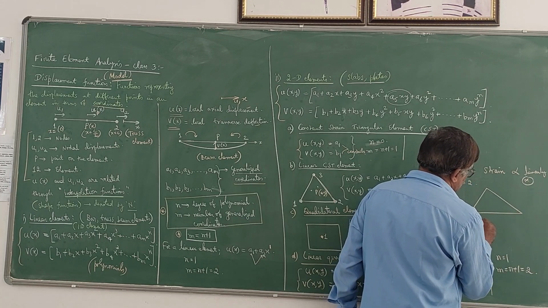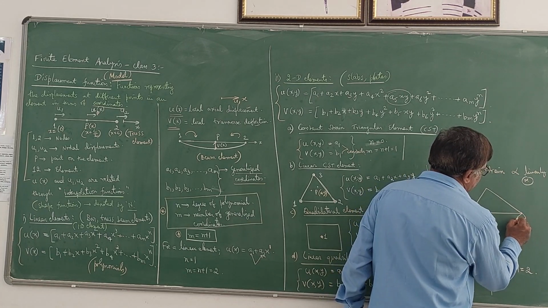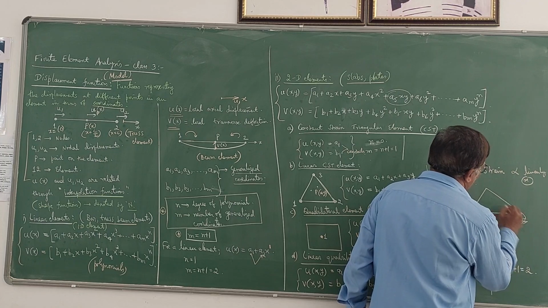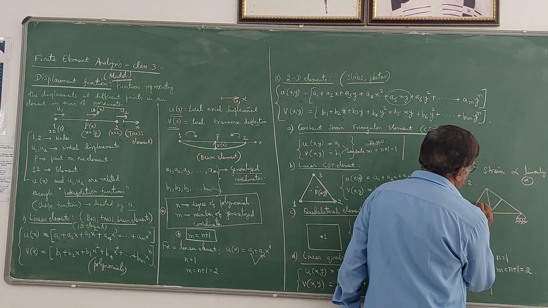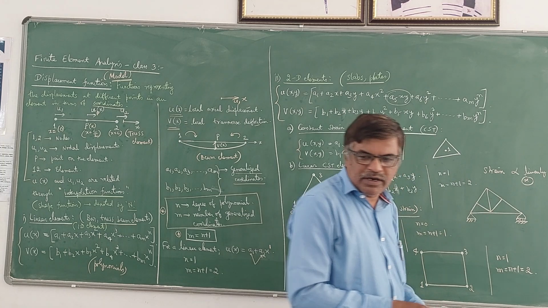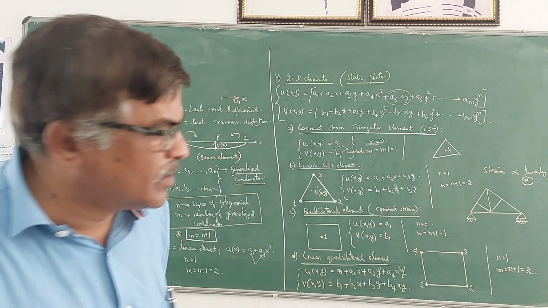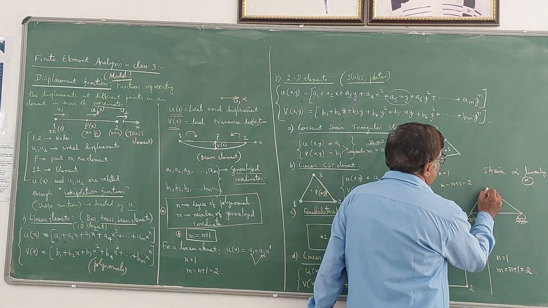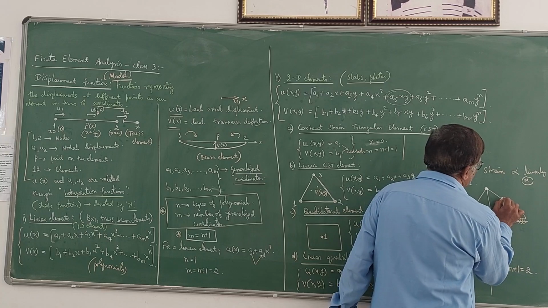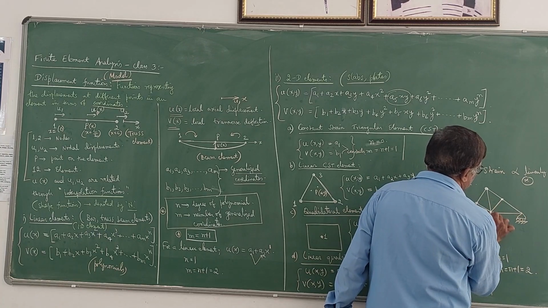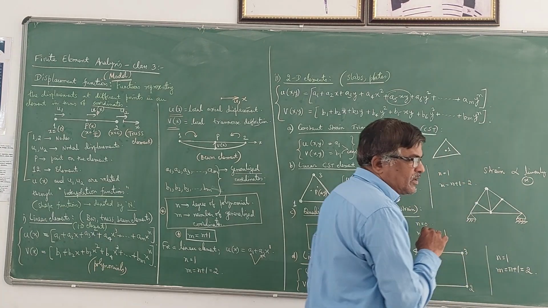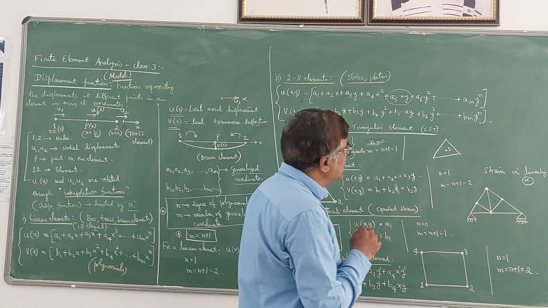So if you have a truss like this, you may be interested in finding the nodal displacements. So first we can find out the nodal displacements. So these are the nodes. By using the matrix methods of analysis, you can find out the displacement at these nodal points, maybe by stiffness method or flexibility method.